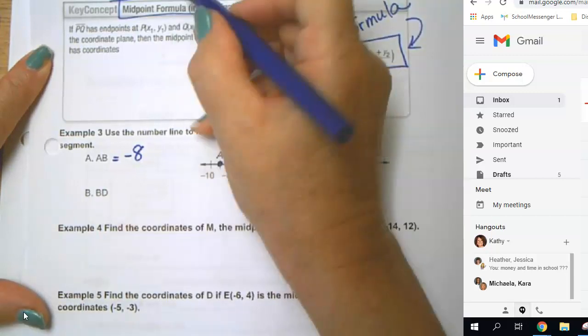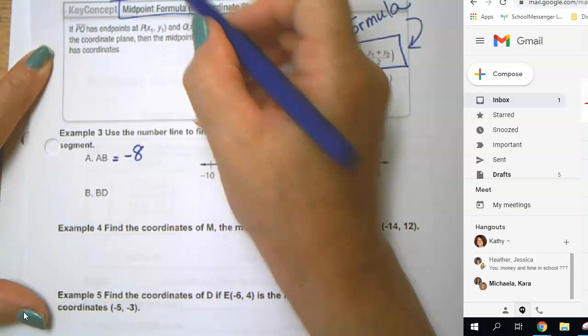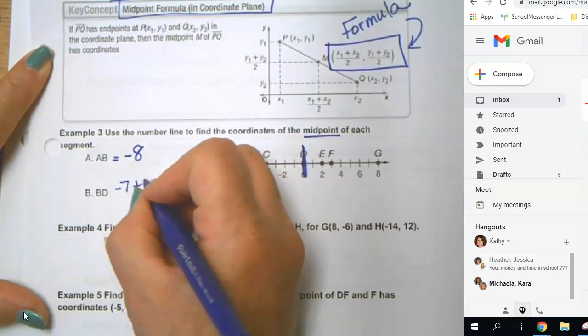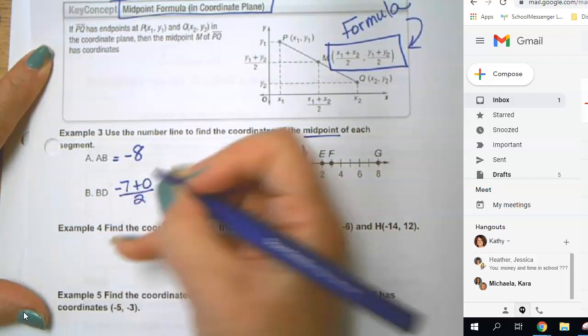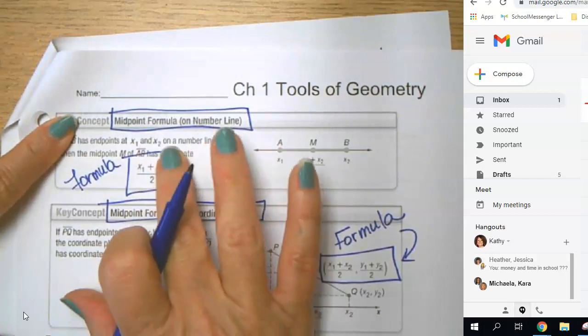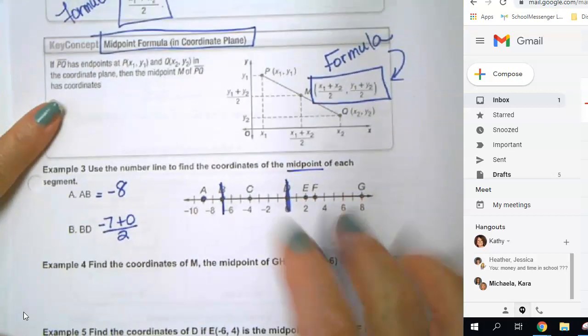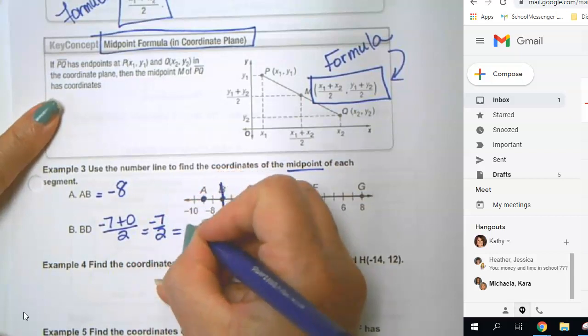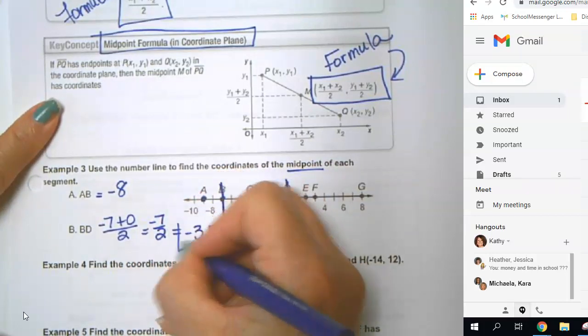But you can also use that formula up on top. So it says like -7 plus 0 divided by 2. So again, that's found up here. That's the same formula right here. So that equals -7 divided by 2, which is -3.5.